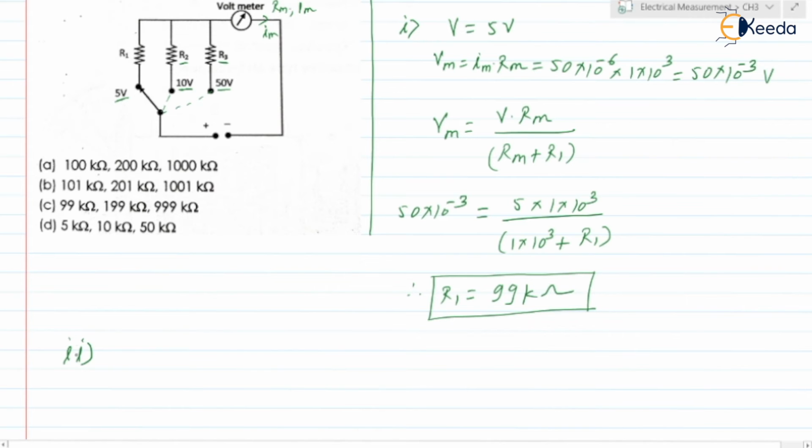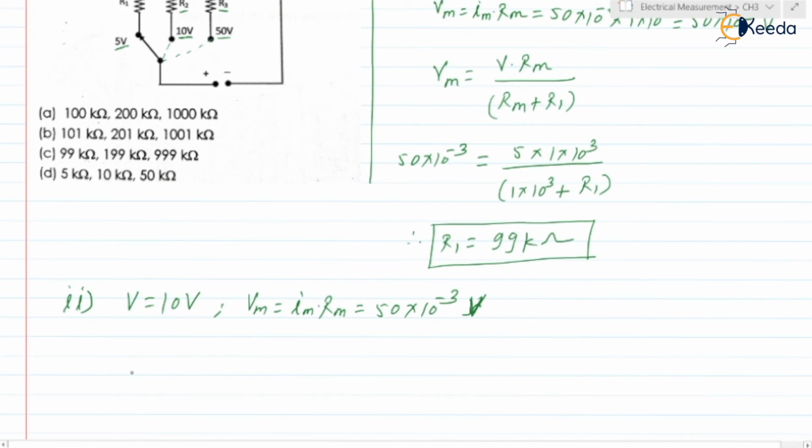Next, similarly, can we find it for the second case? For the second case, V is equal to 10 volt. And Vm will remain the same, equal to Im into Rm, which is 50 into 10 to the power minus 3 volt. Therefore we can write Vm is equal to V into Rm upon Rm plus R2.